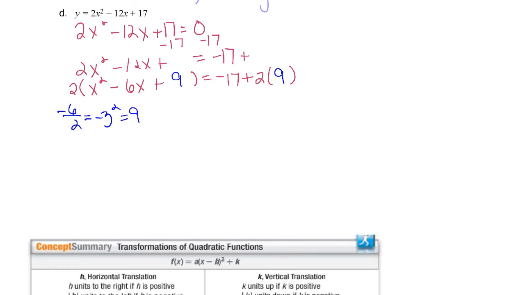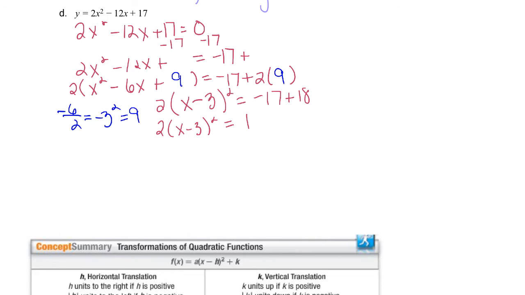Let's factor the left. 2 stays where it's at. Square root of x squared is x. First symbol is minus. Square root of 9 is 3, and that is squared. And that equals negative 17 plus 18. Simplify. 2 times x minus 3 squared stays the same, equals 1.